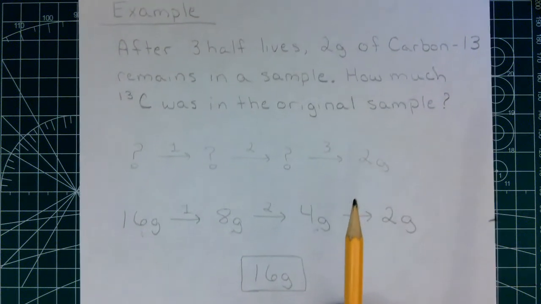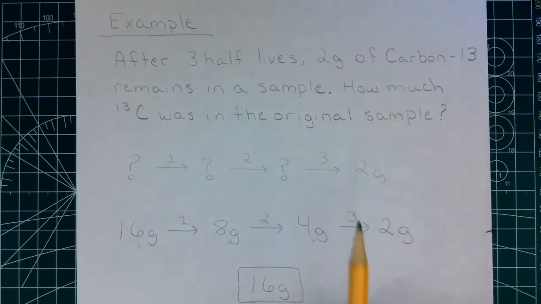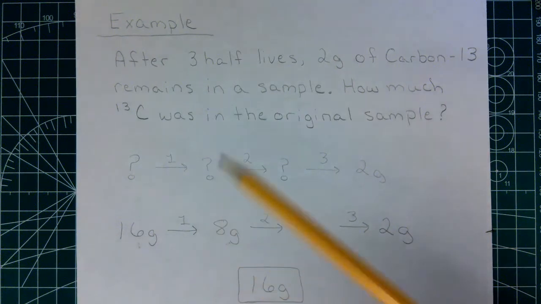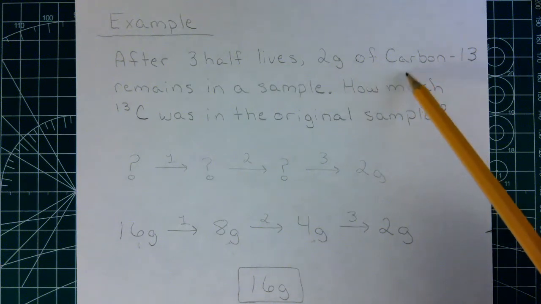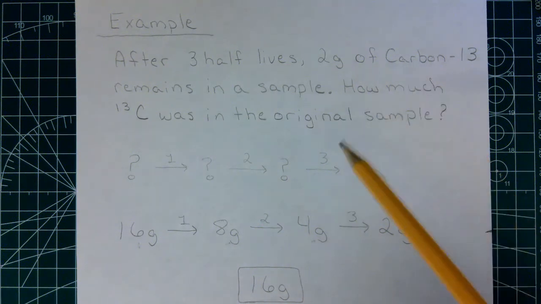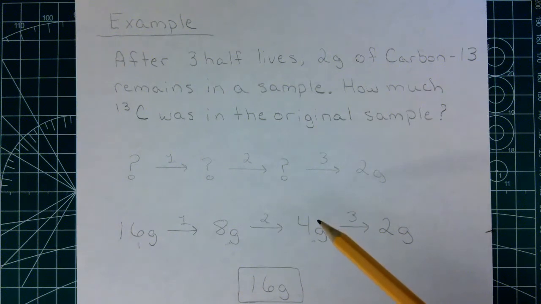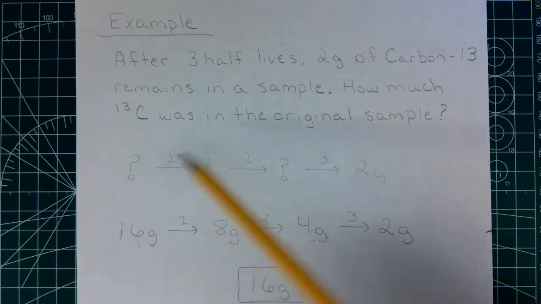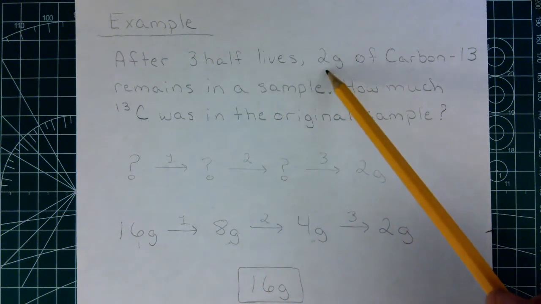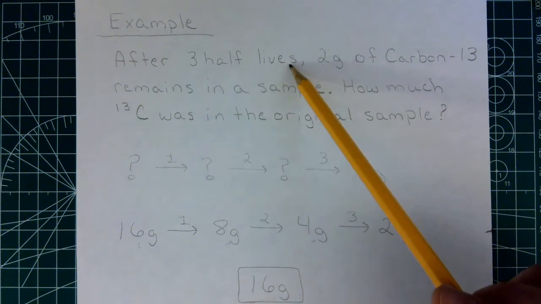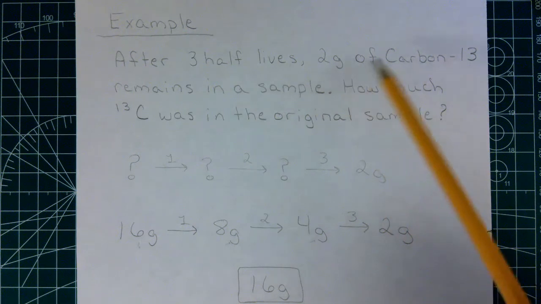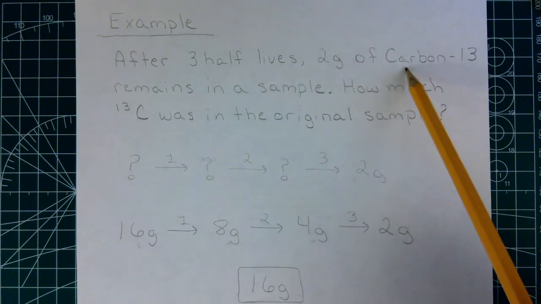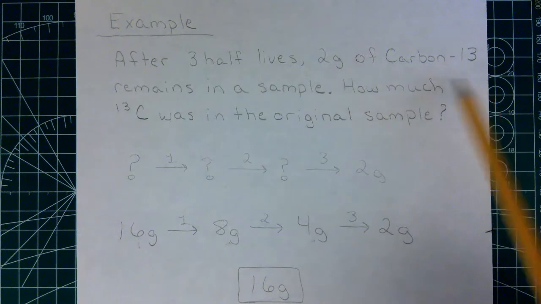I'm not going to show you an example problem for this because it's not really in our homework. But what is interesting is carbon-13 is actually how we go about doing what they call carbon radio dating, where we figure out how old certain things are. Basically we know the half-life of carbon-13. We know how long that takes. We know roughly how much carbon-13 there was when something was originally created, because there is an average number.